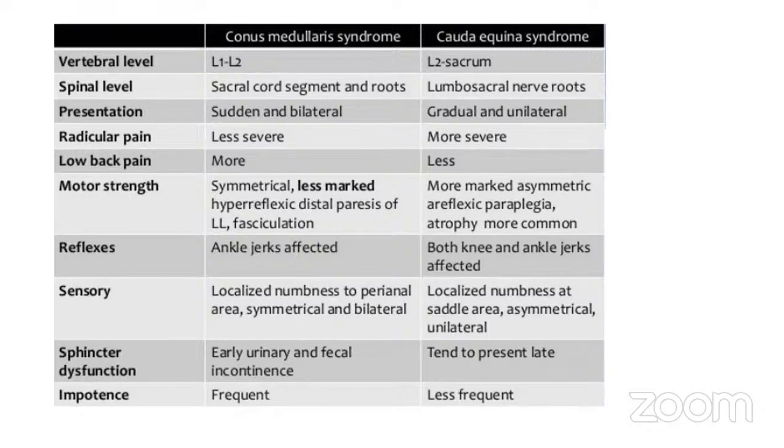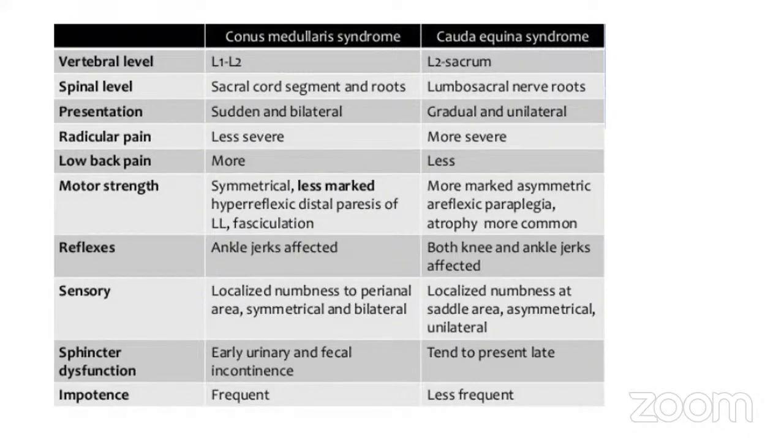And they even say that sometimes there can be something like a sensory dissociation in conus, not in cauda, so that tactile sensations may be present in conus if the whole tract has not been involved, the whole hemisection has not been involved. Sphincter involvement in conus is earlier, in cauda equina a little later, again in the chronic variety, and sexual symptoms like impotence are more frequent in conus.